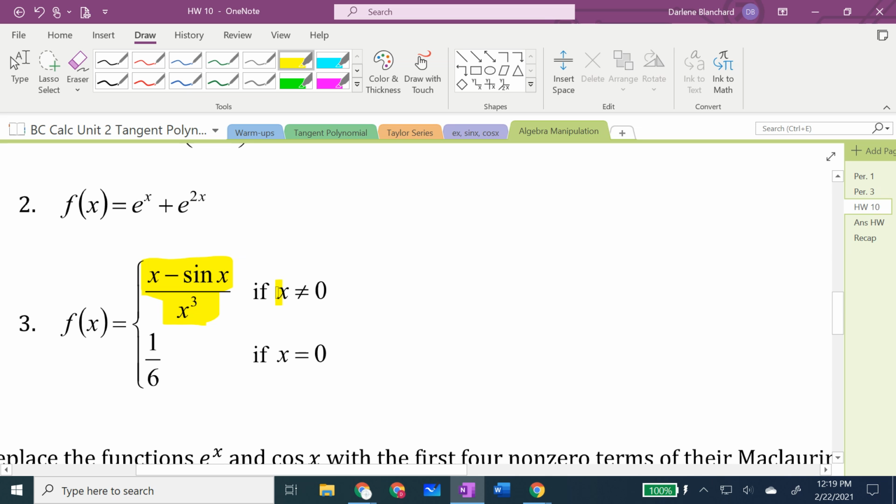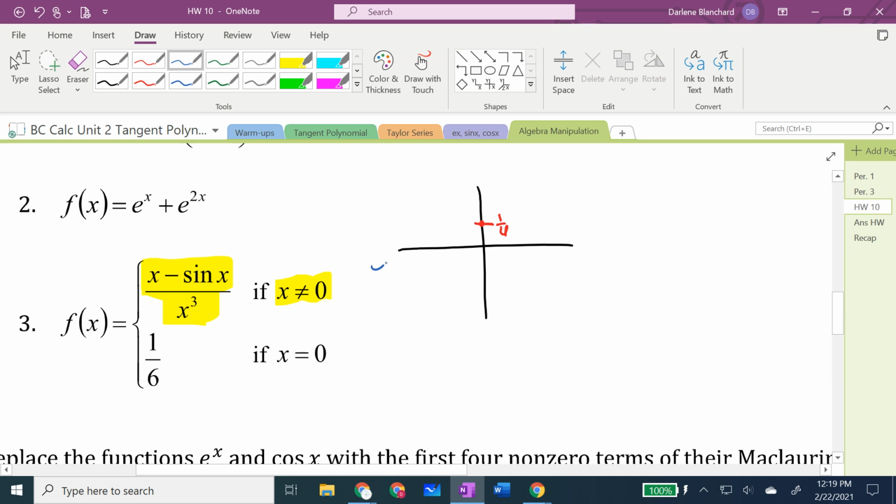But we are being told that for every x that isn't 0, that's what it's following. When x is 0, we know that the y value is 1/6.